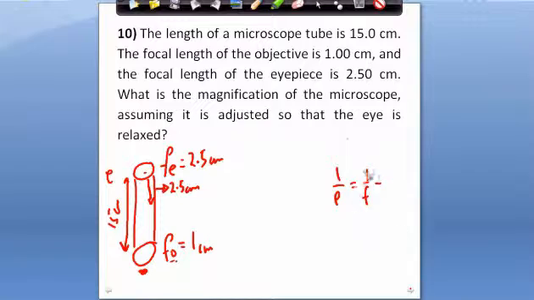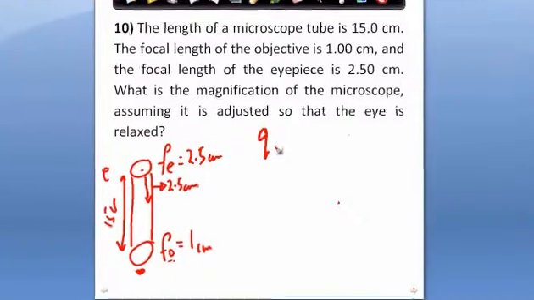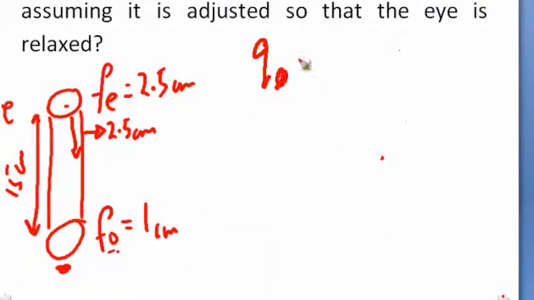And like I said, the image of the objective lens is equal to the object of the eyepiece. So the image that is produced here, that is what we look at in the eyepiece to see the final result. Now from this objective lens, how far away is that image?